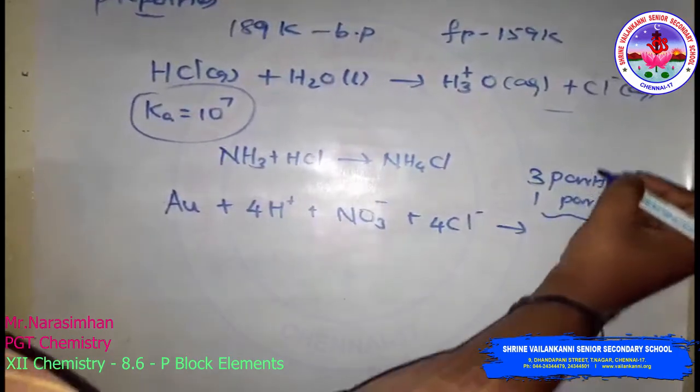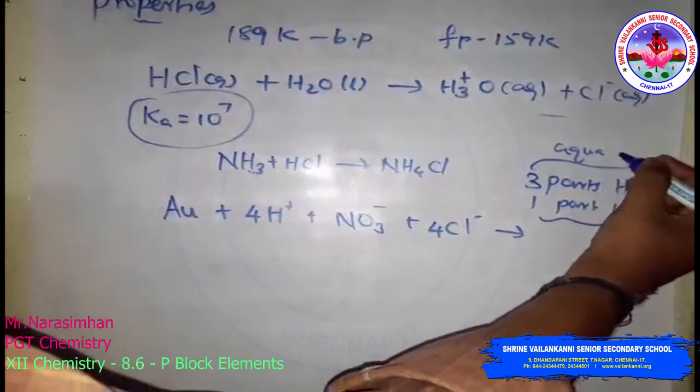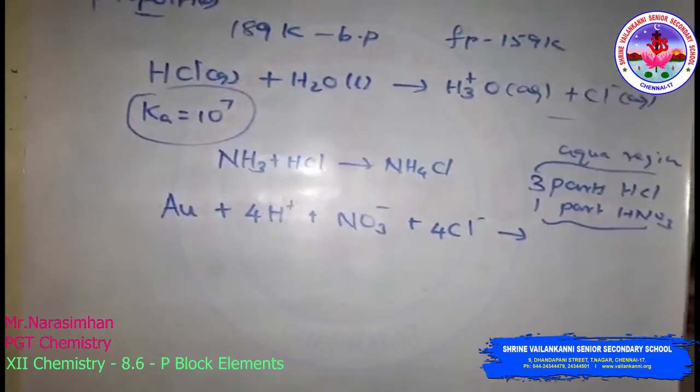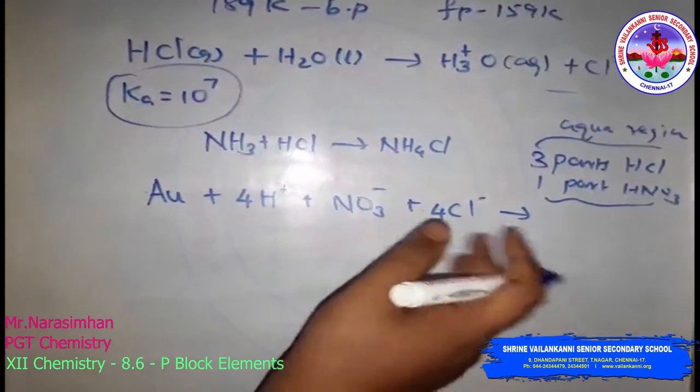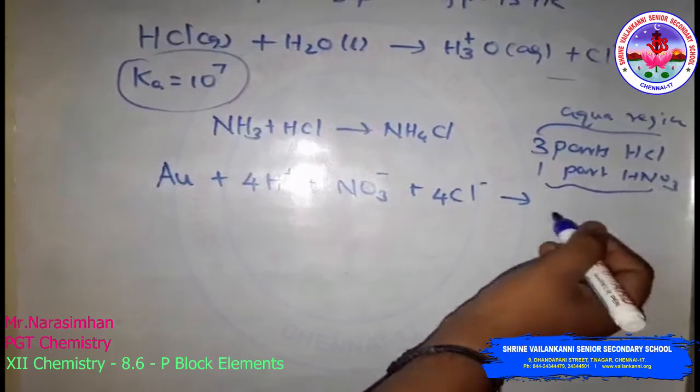These two together are called aqua regia. It is used for dissolving noble metals, like I already said, gold and platinum.